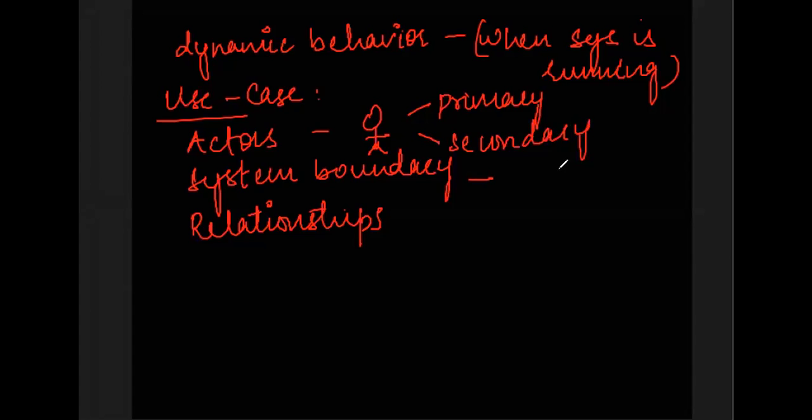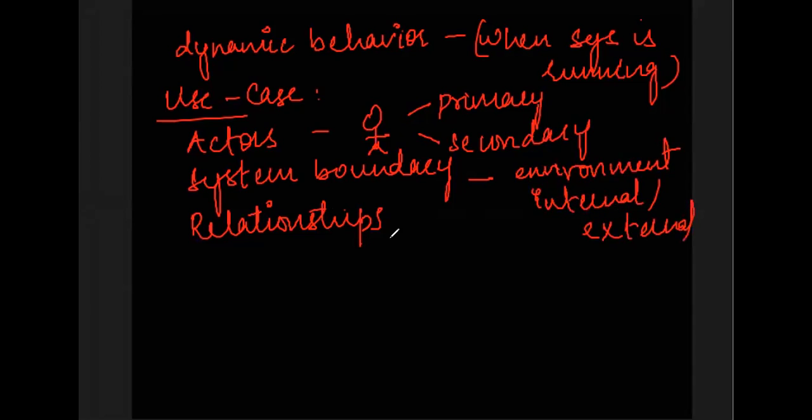The system boundary is going to tell you the difference between the external and the internal environment. Then relationships. Relationship means how you're going to connect. What is the connection between the two different elements?